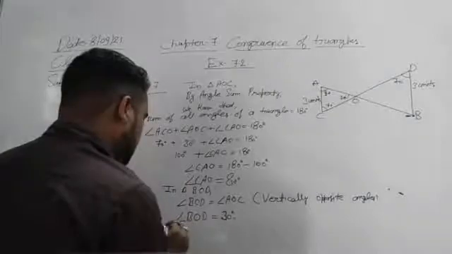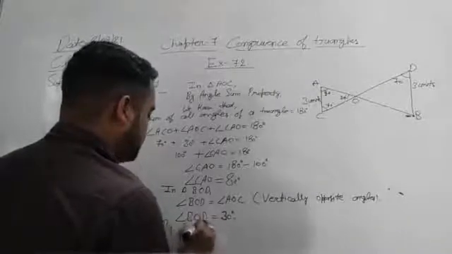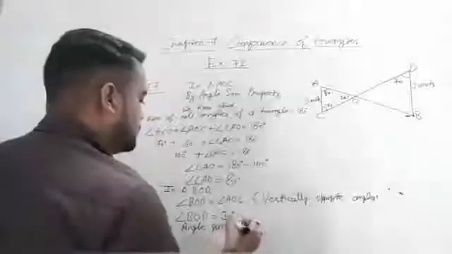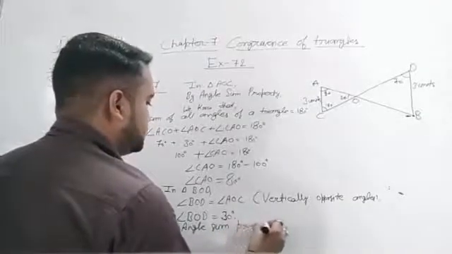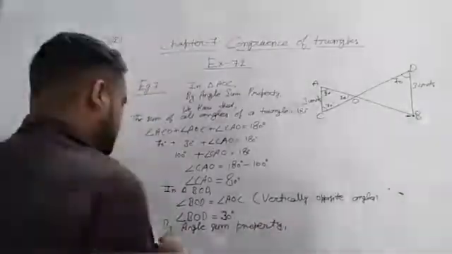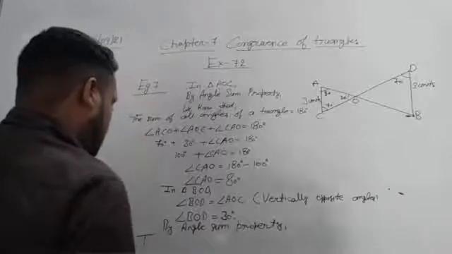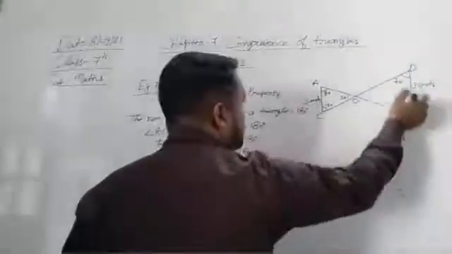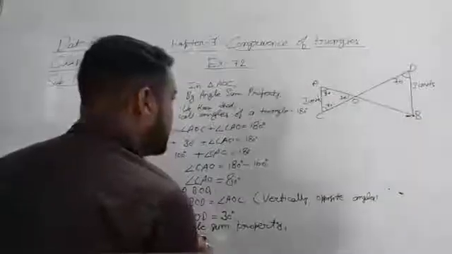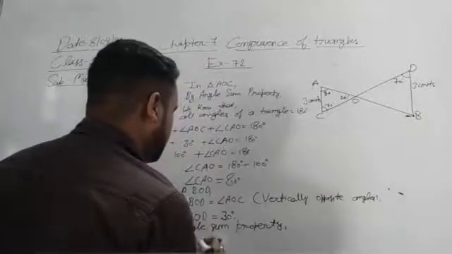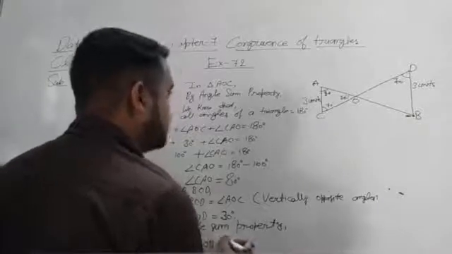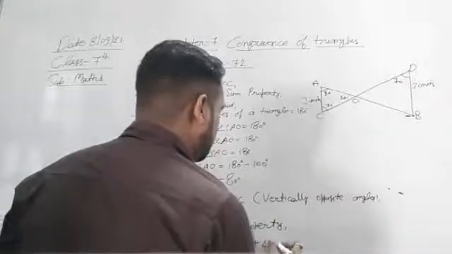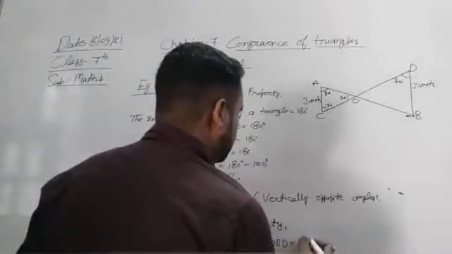Now by the angle sum property, we write down all the angles of triangle BOD, and we have to find angle OBD. So angle BOD plus angle ODB plus angle OBD is equal to 180 degrees.